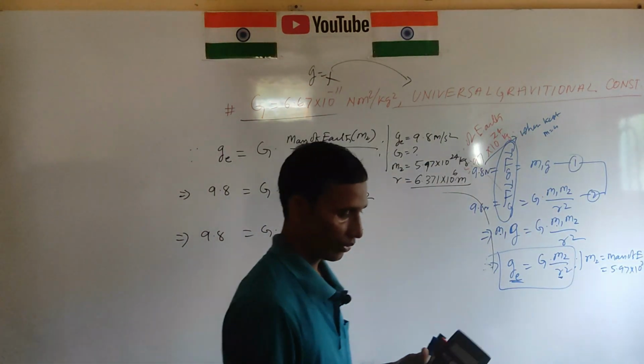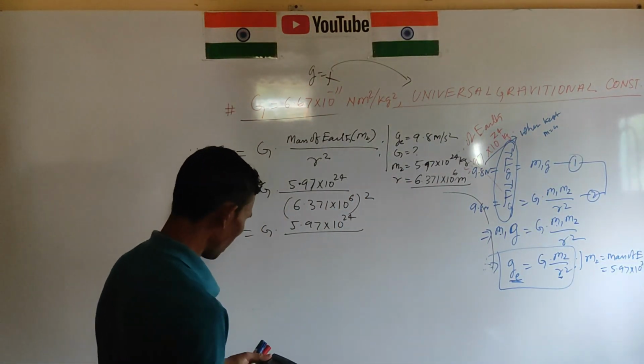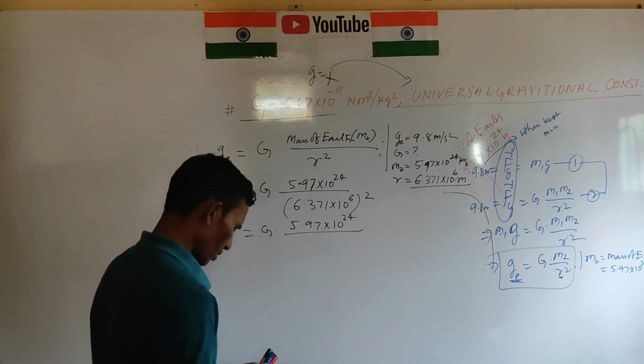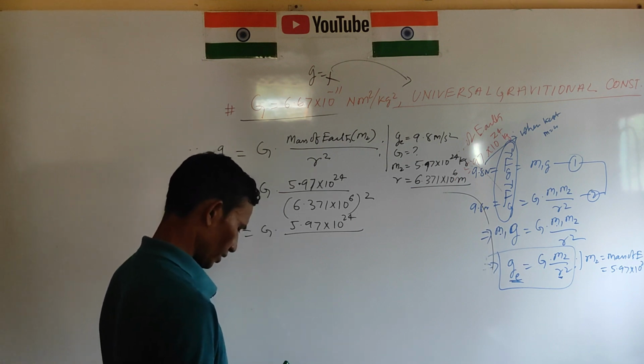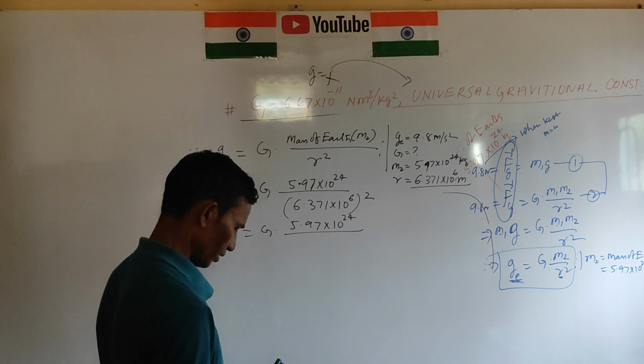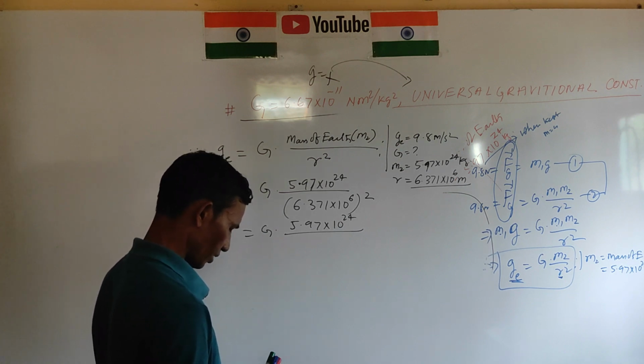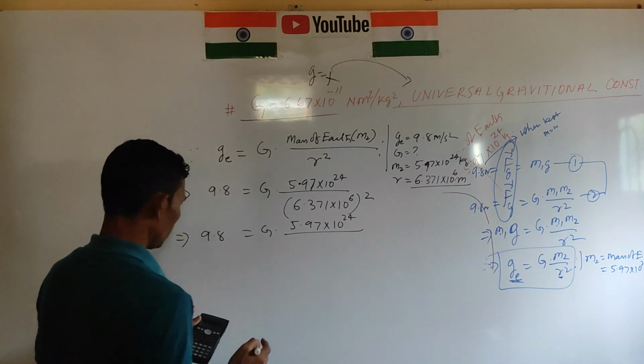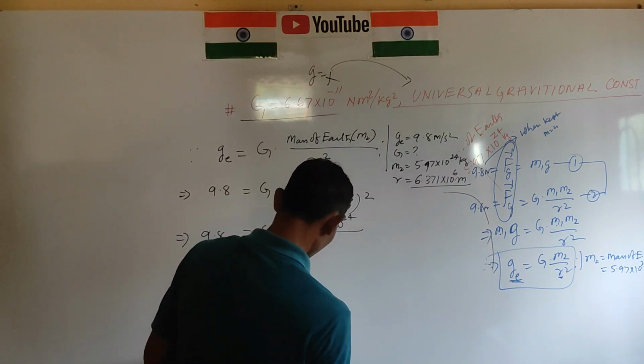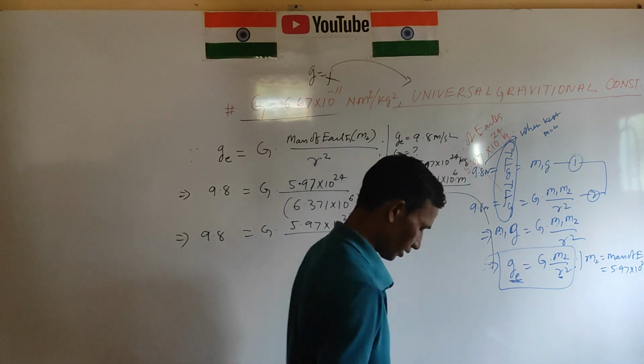So here is the calculator, we use this one. How much will it come? 6.371 into 6.371, and this is how much? The light is not enough.